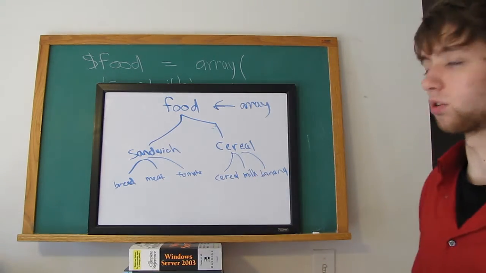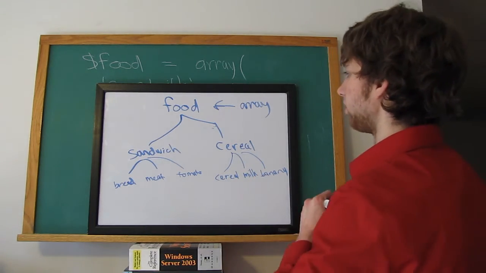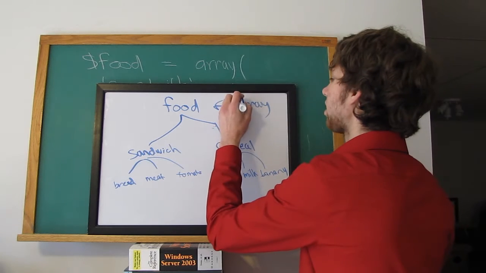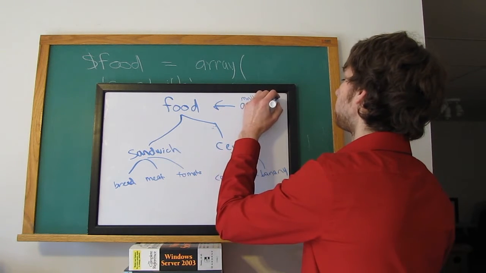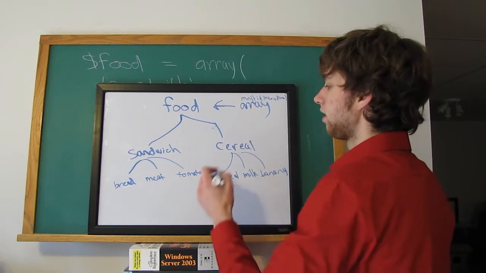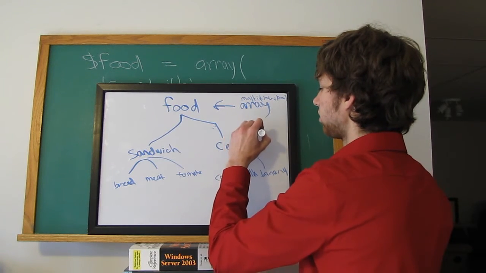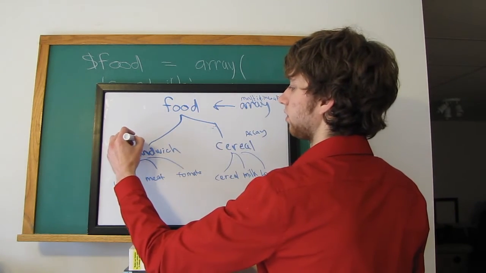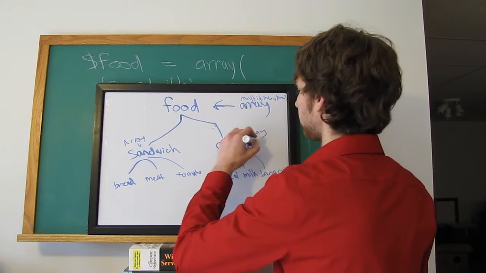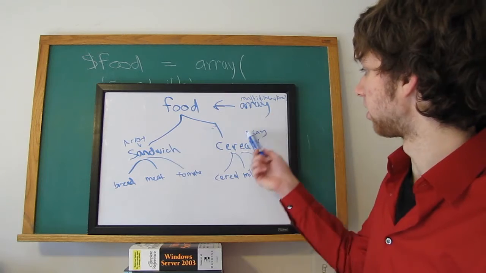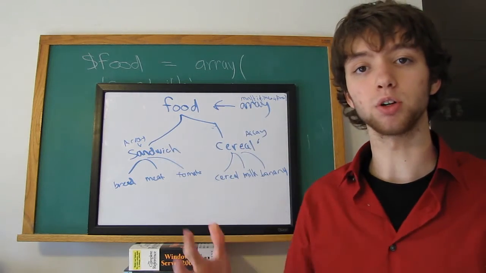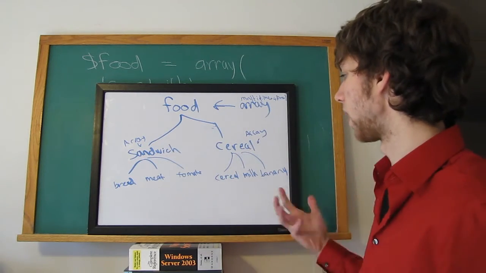So here is our little concept map. This is an array. In fact, now it's a multi-dimensional array. And then we have an array here and an array here. So it's a multi-dimensional array because it consists of not only strings and numbers, but of arrays.